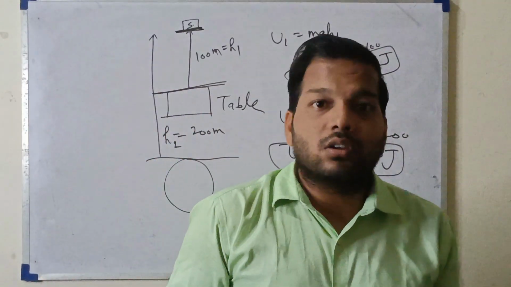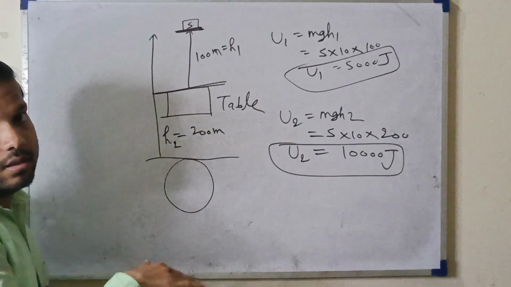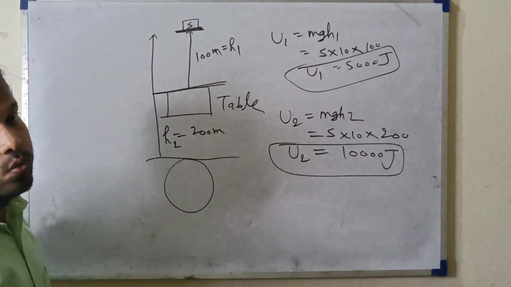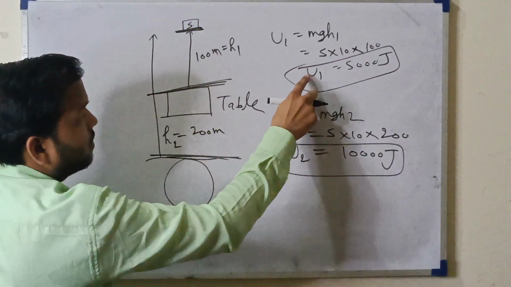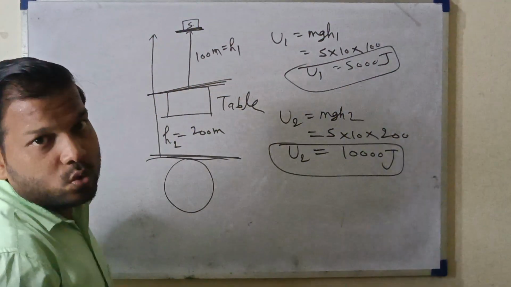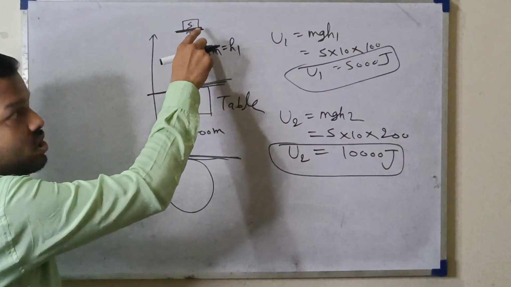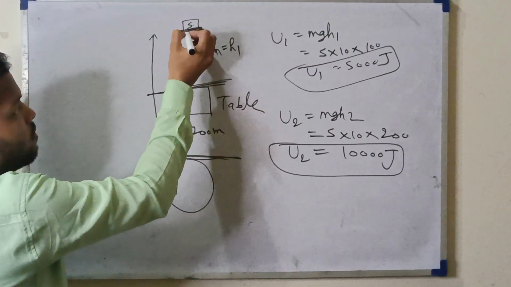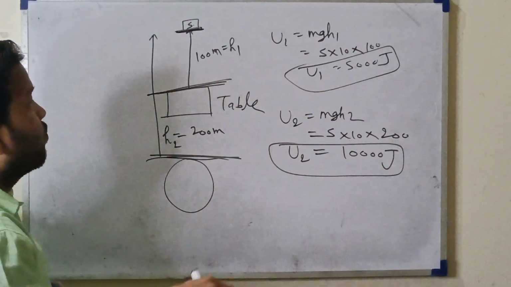So in this way you have seen, just because of the reference level, it means from where you are calculating the value of U, from here or from here, the value of U changed. It means U of the same object, the same 5 kg from the same position here, changes just because of the reference level.